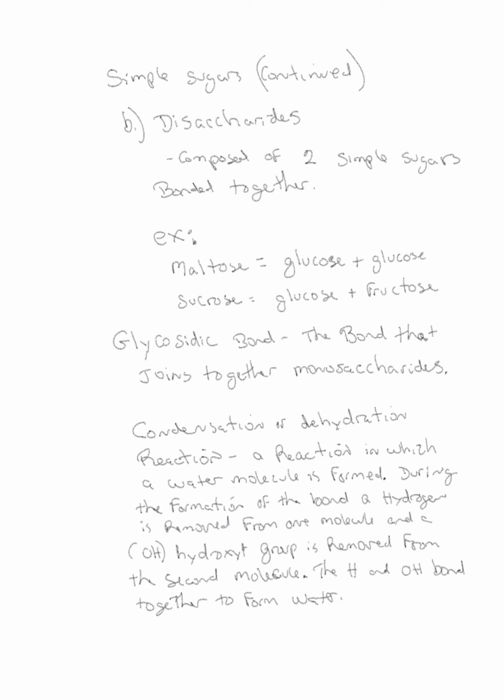Now, if we bond 2 simple sugars together, we refer to that as a disaccharide. The bond between them is sometimes called a glycosidic bond, and sometimes a glycosidic linkage. That's the bond that holds together 2 monosaccharides. So, for instance, if I had two simple sugars, I'm just going to draw it using a ring. Let's say this is a pentose sugar.